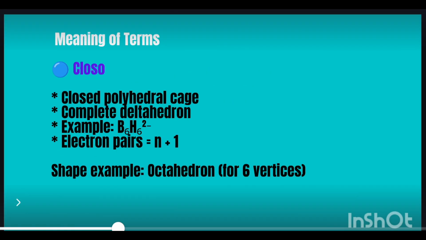Now let's see what is Closo. Closo means closed. It is a complete polyhedral cage. All vertices are present. Example B6H6 2-. Electron pairs is equal to n plus 1 and it forms an octahedral structure.